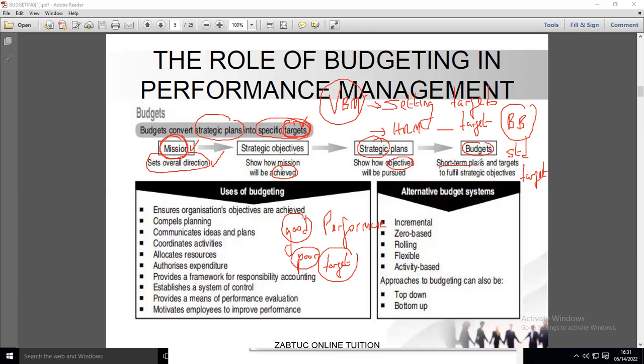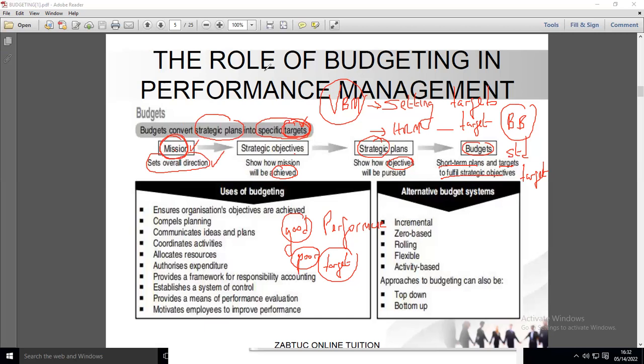These are short-term plans and targets to fulfill the strategic objectives. So you can see that budgets fit in very well in this performance management framework, and budgets come at the end of that framework.